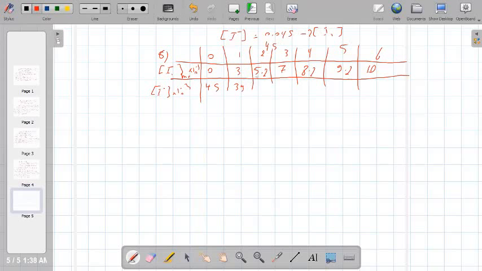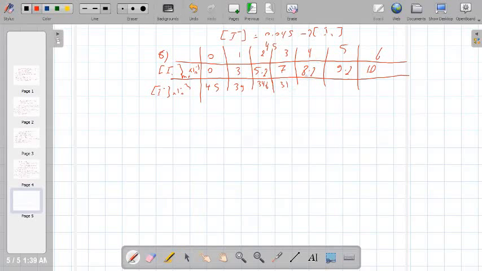Now 45 minus 10.4 gives 34.6. Then 45 minus 14 gives 31.